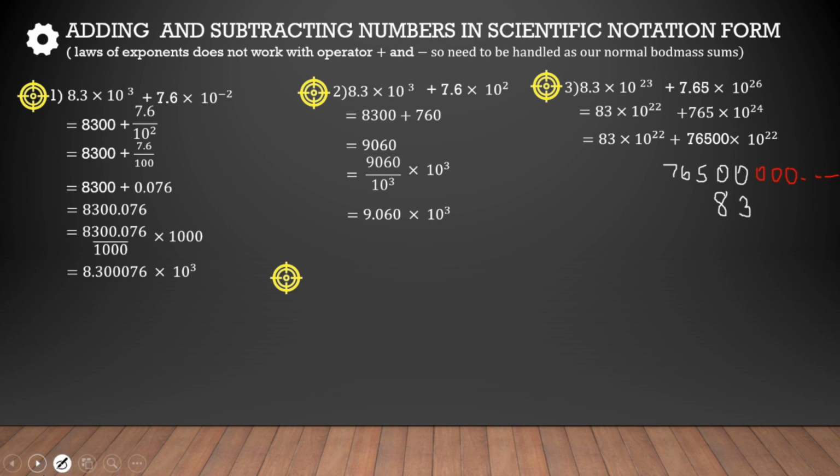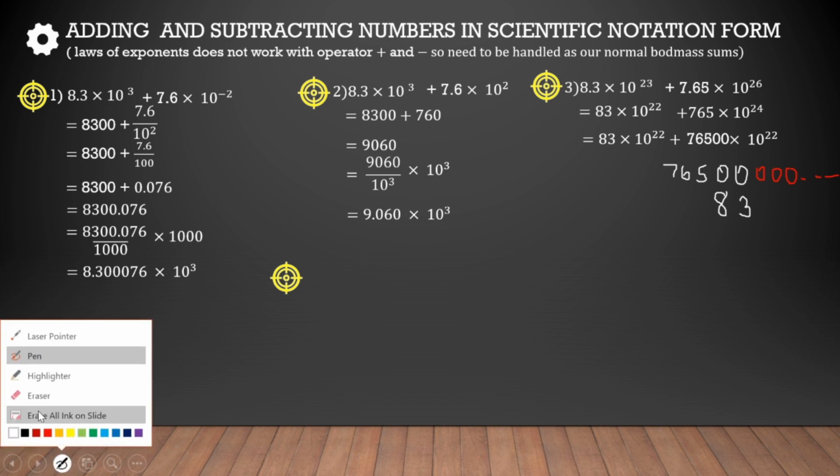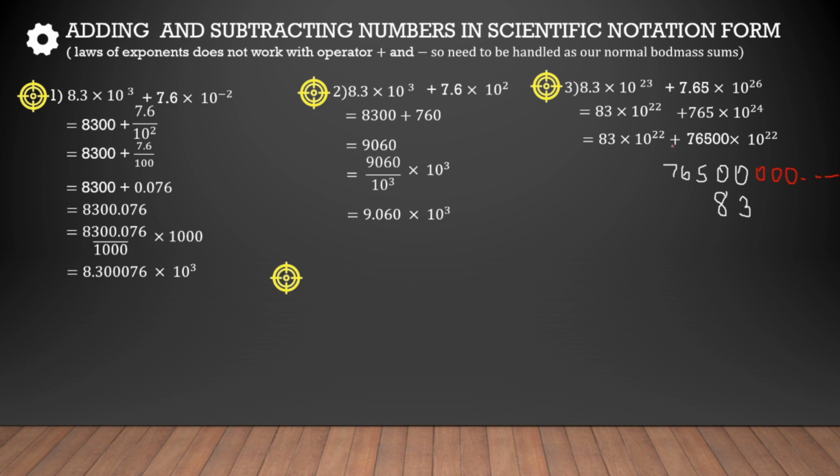No? So did you understand what was the purpose to write them in the same power? Same power actually gives us an idea of how to write them for addition, which digit is to be placed under which digit. Now we can easily add them up. No?